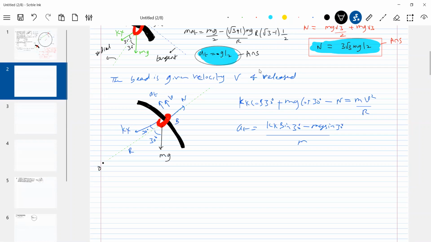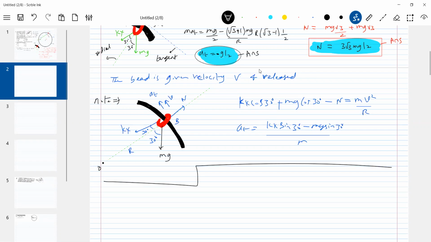So one more situation. Note, I'll write it. This is the next thing. So one more condition. It can happen also that the rod, there's a ring, no? There's a part of the ring I'm showing, not the complete ring.